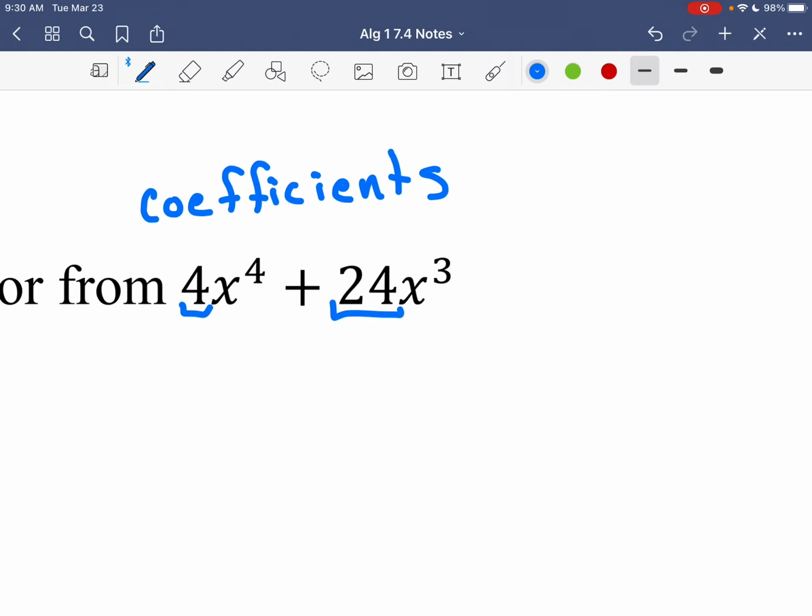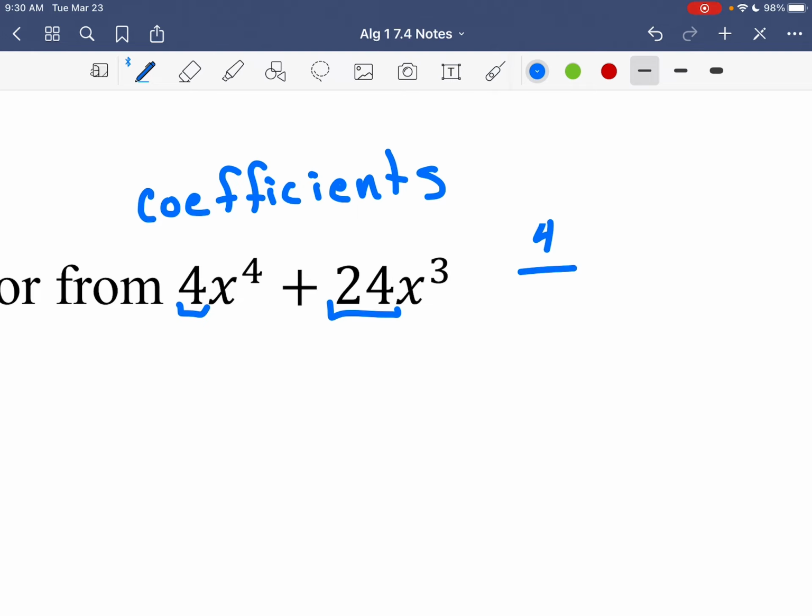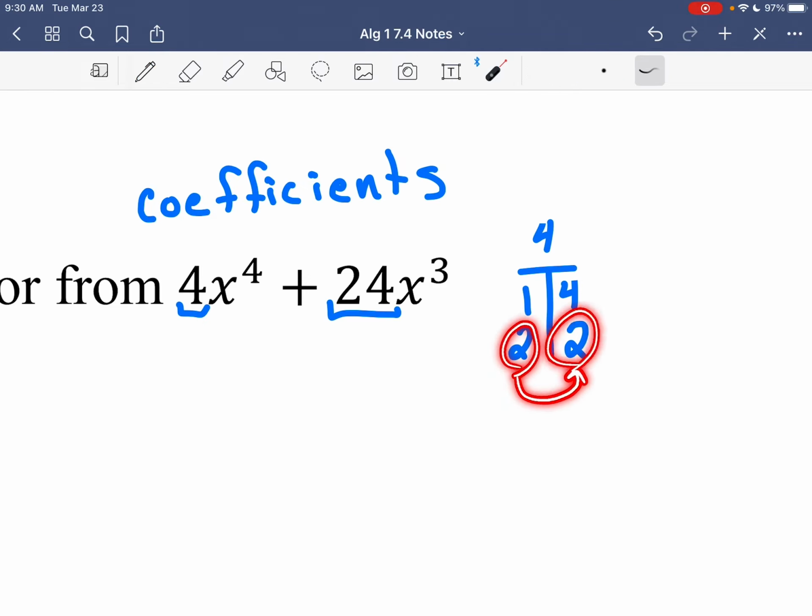So over here I'm going to list the coefficients. I've got 4. What multiplies to give me 4? Well, 1 times 4. I'm going to create an organized table and do it in order. 1 times 4, and then I'm going to try 2. Does 2 times something give me 4? Yeah, 2 times 2. But now I've got a 2 over here and a 2 over here, so that tells me that's as far as it can go. So the only factors of 4 are 1 and 4, and 2 and 2.